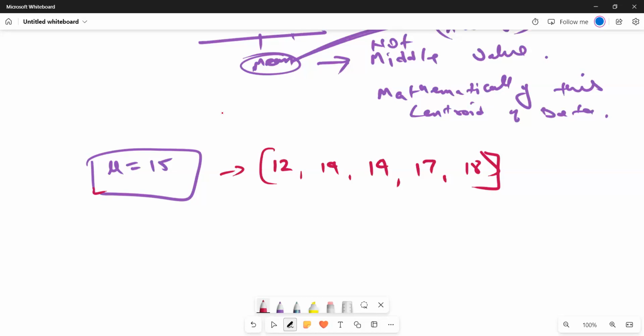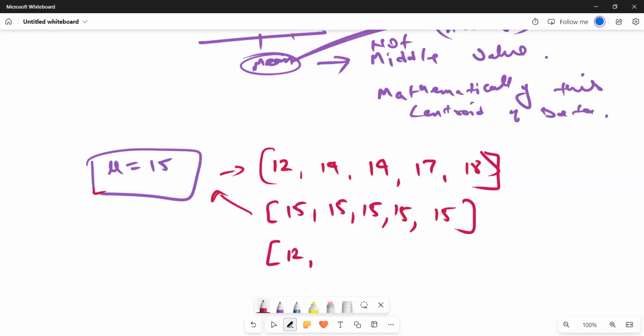For example, we can have 15, 15, 15, 15, 15. This data set also has a mean of 15. There could be another data set, let's say 12, 13, 14, then 18 and 18. This data set also carries the mean of 15.